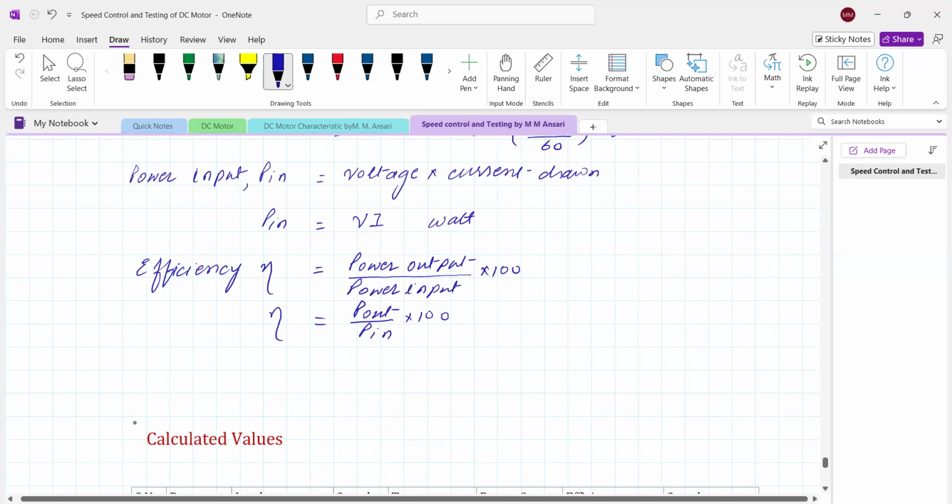Now, one more thing we can calculate is the speed regulation.